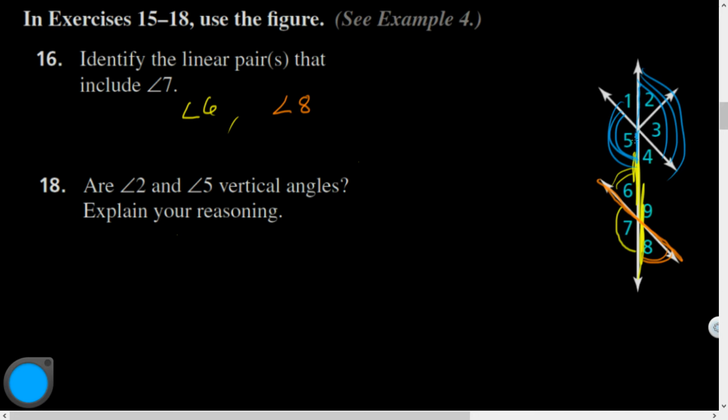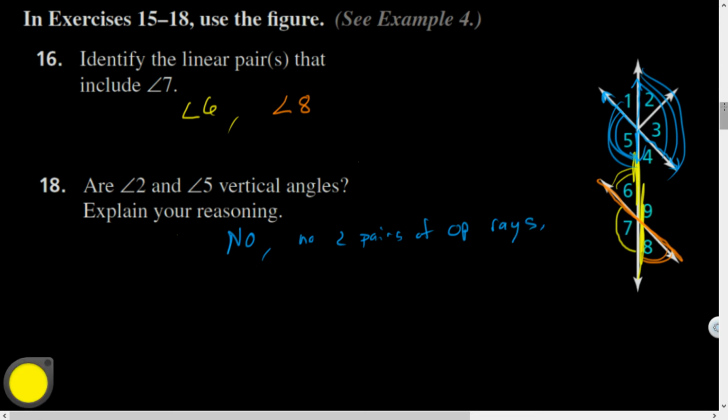Vertical angles form two pairs of opposite rays. So angle 2 and 5 at least had the common vertex, but they were missing the other piece. They had a common vertex, but not two pairs of opposite rays. That was a no-go.